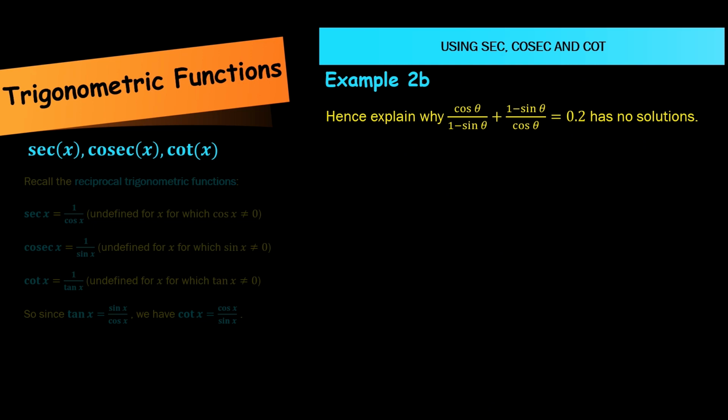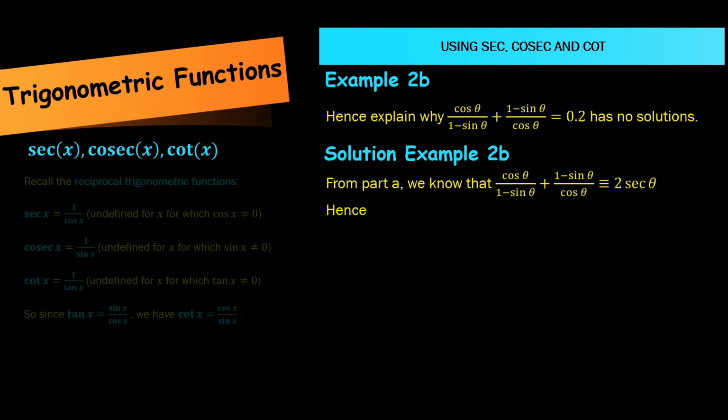And now for part B. Using part A, we are required to show why the expression on the screen has no solutions. So let's solve this. From part A, we know that the left-hand side of this expression is identical to 2 sec theta. So we can rewrite this as 2 sec theta equals 0.2.